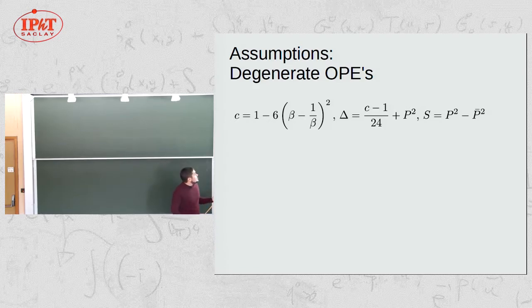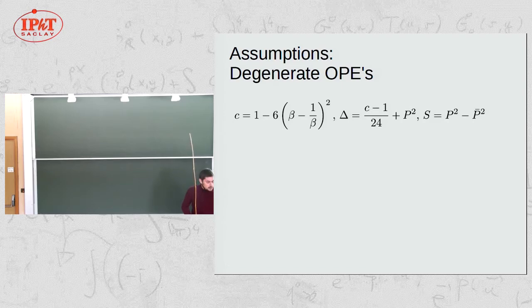And in terms of this, and also the parameter P, the momentum, for the conformal dimension, delta is expressed in this way and analogously for delta bar, and the spin written in terms of the momenta is just the difference between the squares of the left moving and right moving.